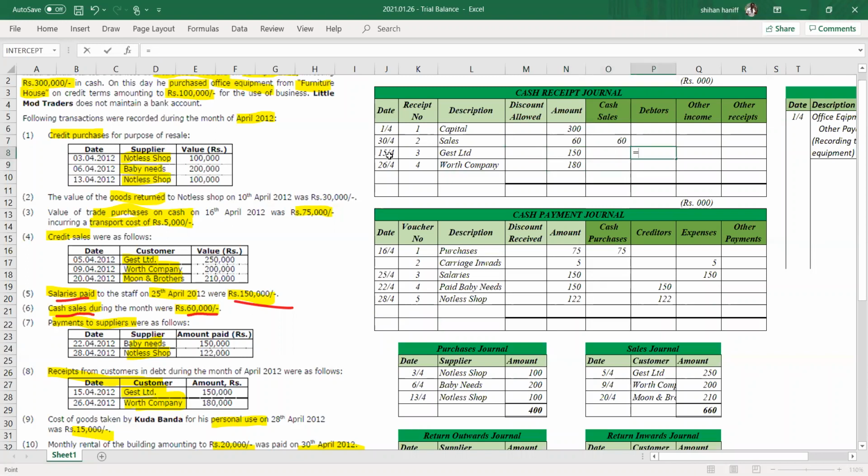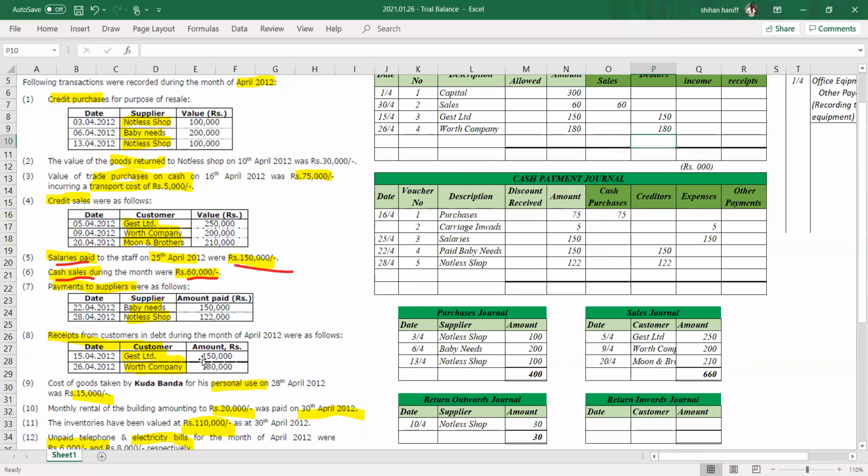So both categorize under debtors column. Right. So hope it's clear. If you have anything, let me know. I can explain.